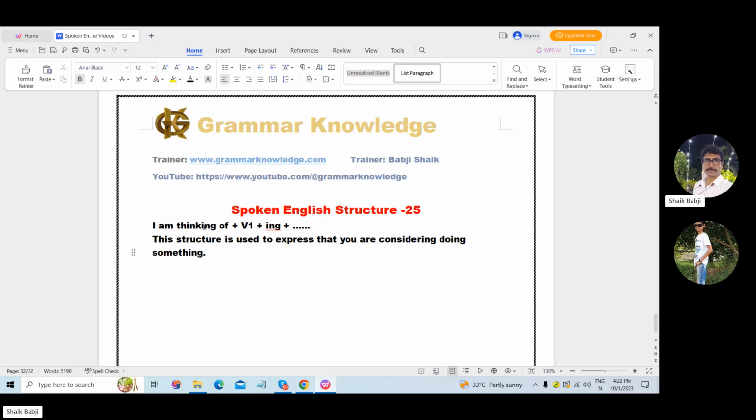This structure is used to express what you are considering, that you are going to do that thing. Okay, for this purpose, in this sense, we have to use this structure. The structure is I am thinking of.